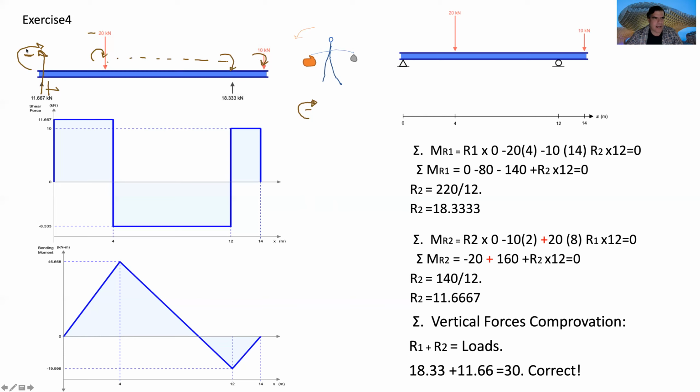Well, that's why I don't like this idea of this little paper method of moving the stuff. I think it's easier that you just tell yourself, if I am at the left, everything that goes down is negative, everything that goes up is positive. Again, if I am at the right, this one is negative because it goes down, this is negative because it goes down, this is positive because it goes up, this is positive because it goes up.